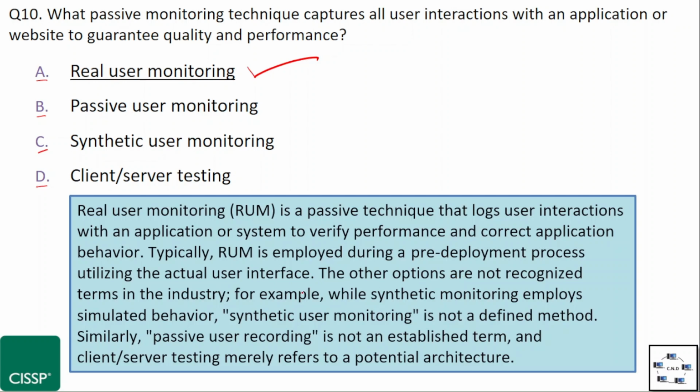The other options are not recognized terms in the industry. For example, while synthetic monitoring employs simulated behavior, synthetic user monitoring is not a defined method. Similarly, passive user monitoring is not an established term, and client-server testing merely refers to a potential architecture.